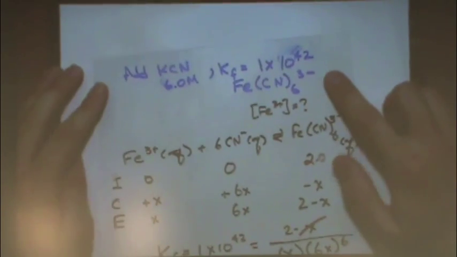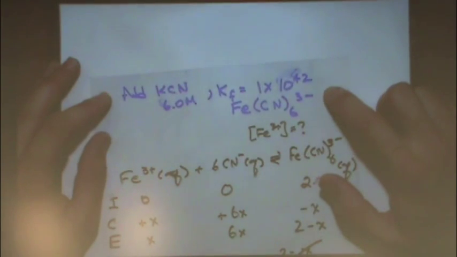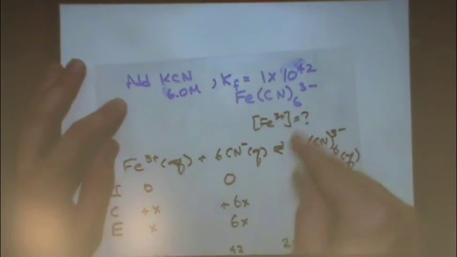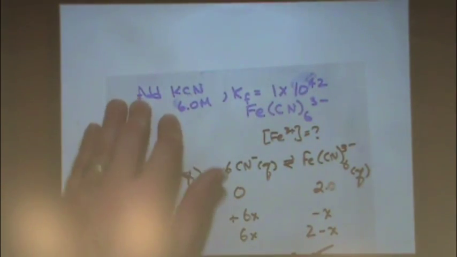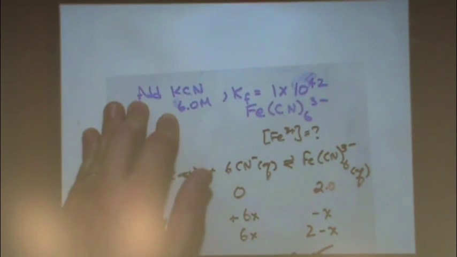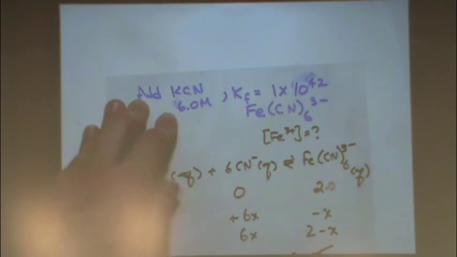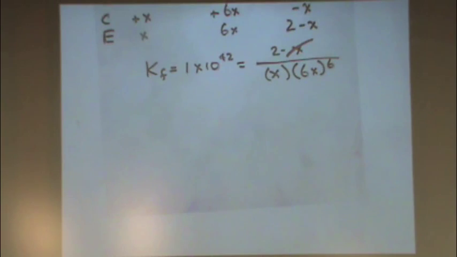Okay. All right, can we go back to the blue problem now? Okay. Now, let's say I added KCN to the previous problem, which was the iron 3 oxide. What do you do?